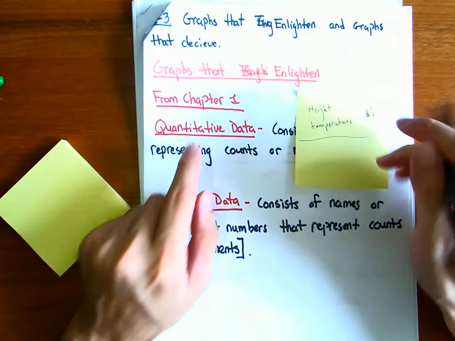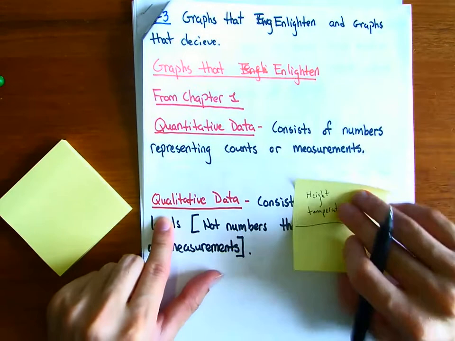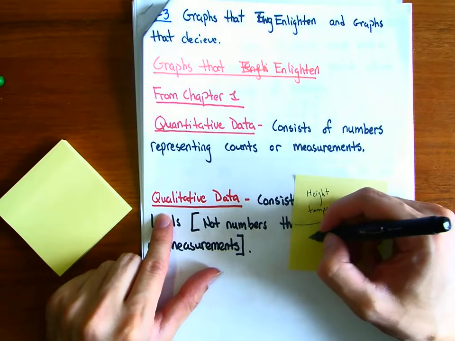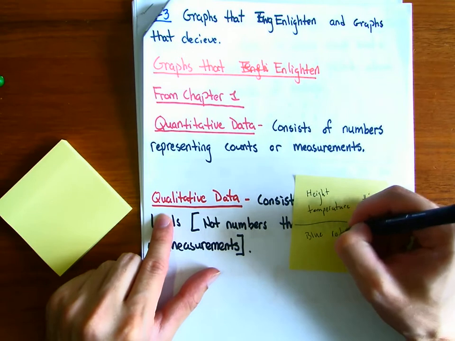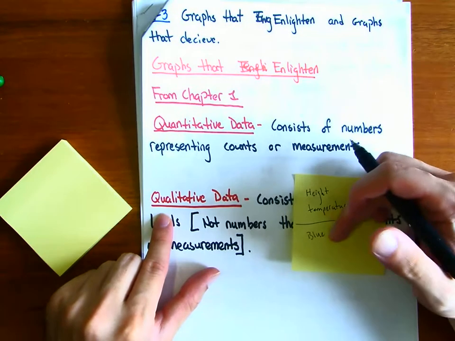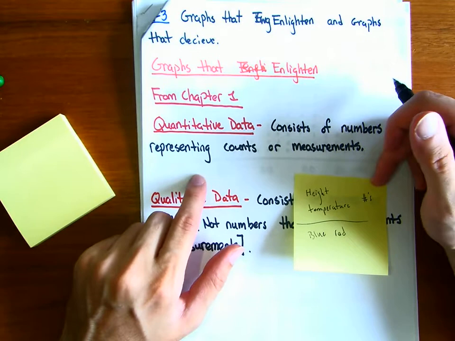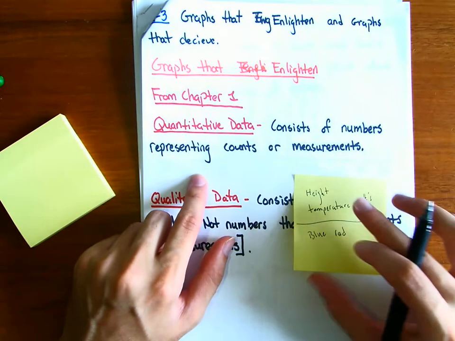But if I have qualitative data, like what's your favorite color, blue, red, whatever the case may be, anything that doesn't have to do with numbers would be qualitative. When we talk about actual numerical measurements, we call it quantitative data.